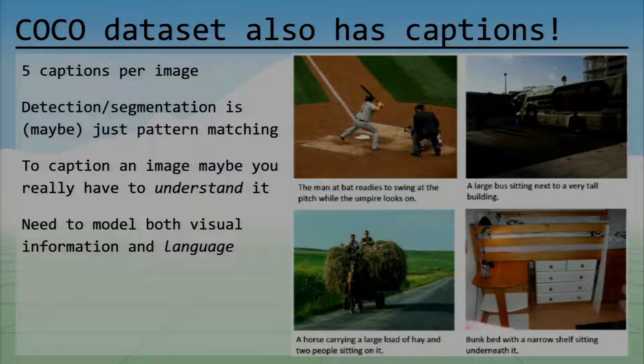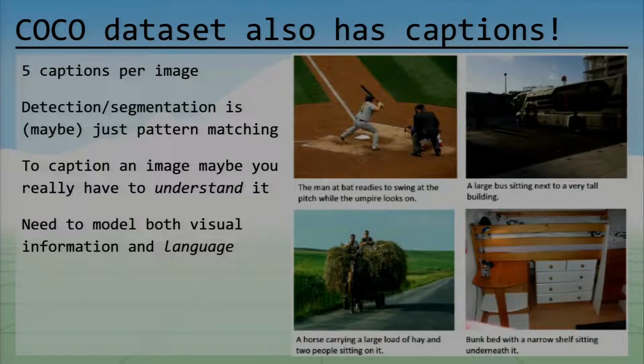And now that we have these captions, you might be thinking to yourself, maybe we can train some model on these images and have them predict these captions. The idea behind this is, we've been talking about these other tasks of image classification and object detection, segmentation. A lot of these tasks seem like they're just pattern matching.